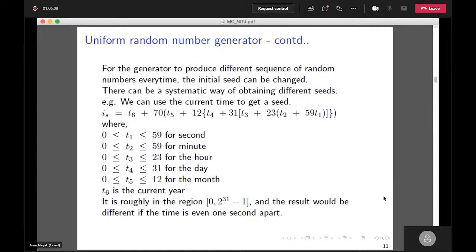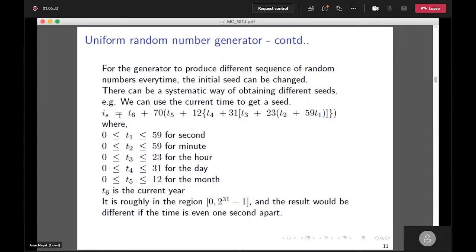So what you would like to do is change your seed every time you start the sequence. You can change your seed manually, so that you get a different sequence, or you can change your seed automatically by, for example, using the current time as your seed.